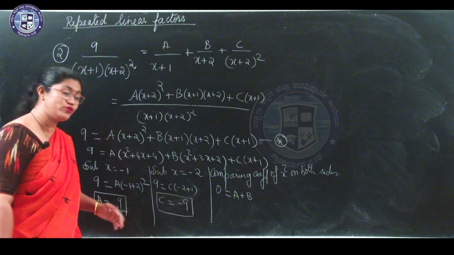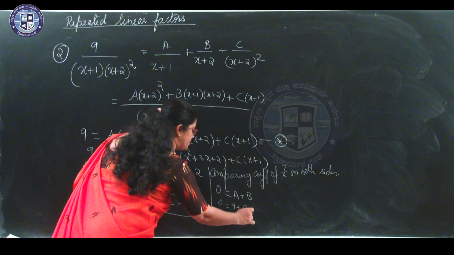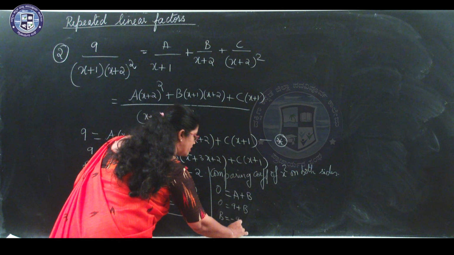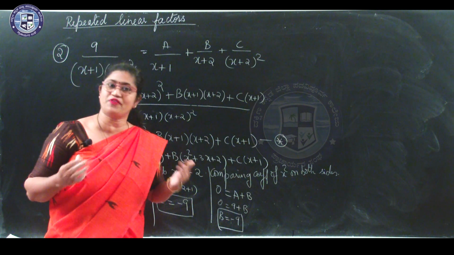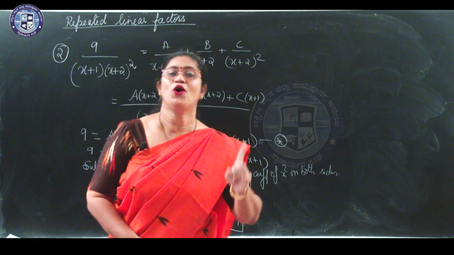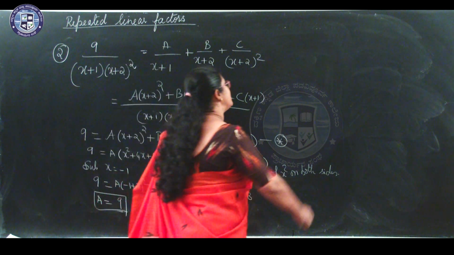I already know the value of a, 0 is equal to 9 plus b, or b is equal to minus 9. So, I got the value of a, I got the value of b, I got the value of c, only one task remaining, and that is to write the final answer.